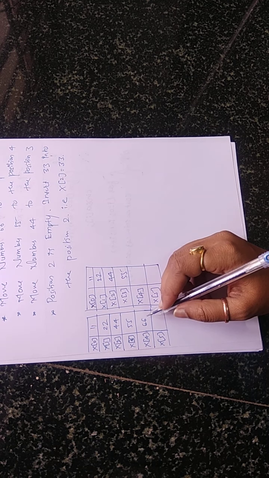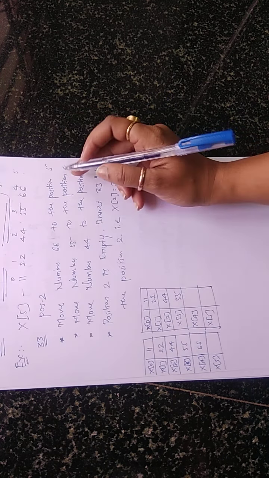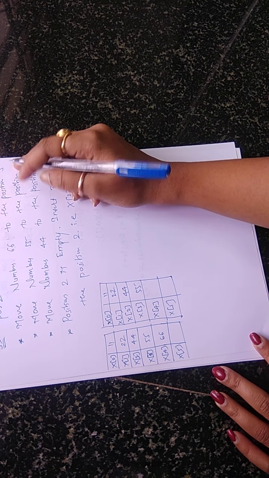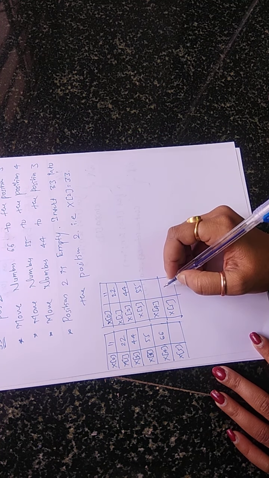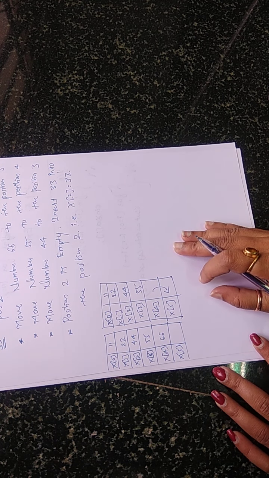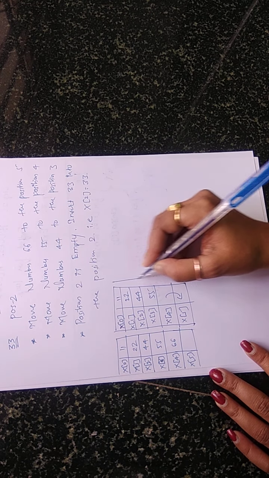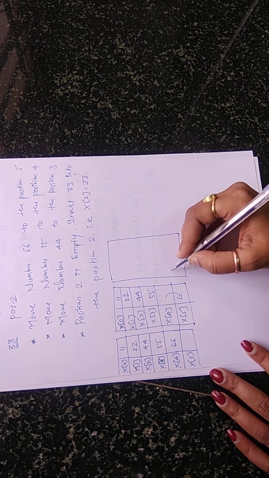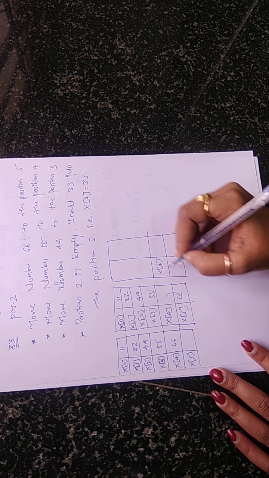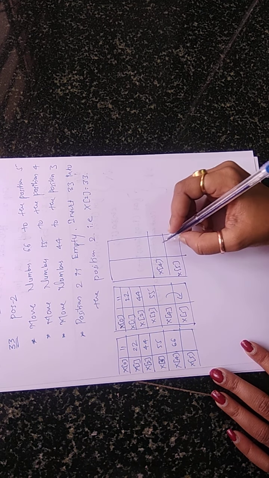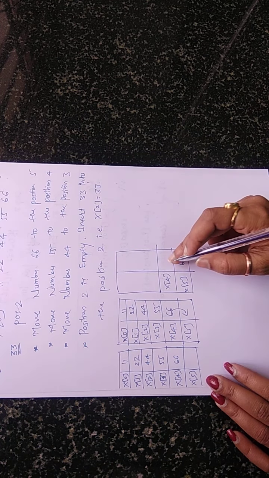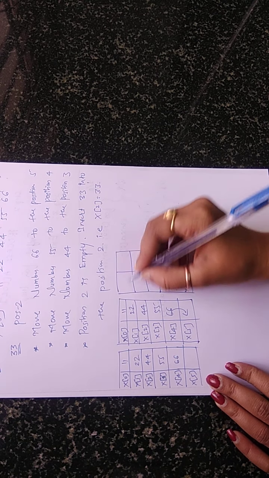We are shifting this 66 to the 5th position. So 66 will be shifted here, and X of 4 is empty now. So in X of 5th position, the 66 is shifted. So 66 came here. This is empty now. The others will remain as they are.